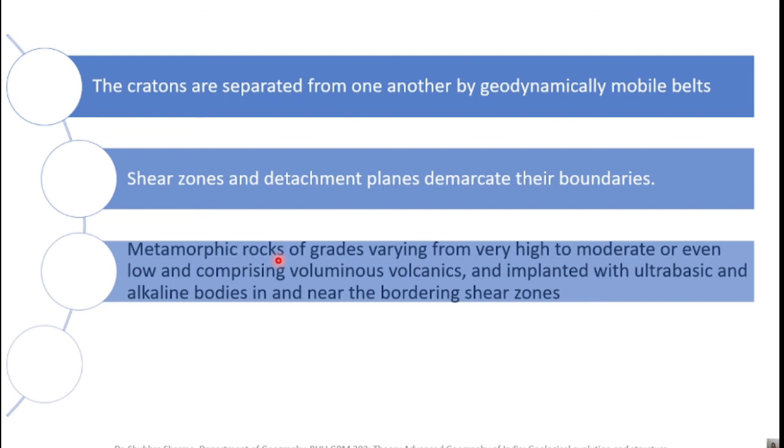And you know that the degree of metamorphism can vary, right? So rock types also vary from very high to moderate metamorphic types of rocks. And we have volcanic types of rocks. Again, ultrabasic and alkaline bodies are there. So they are rich in magnesium and iron minerals as well.